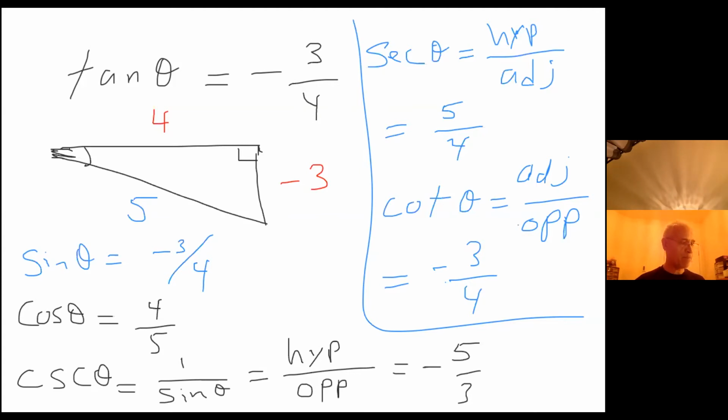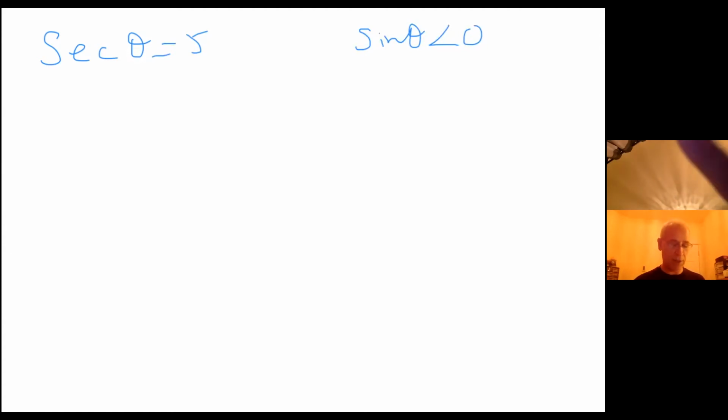Okay. I think this one is number 48. So we have secant of theta equals 5, and sine of theta is smaller than 0. What do we know about secant?